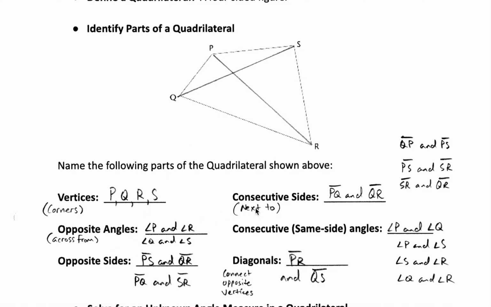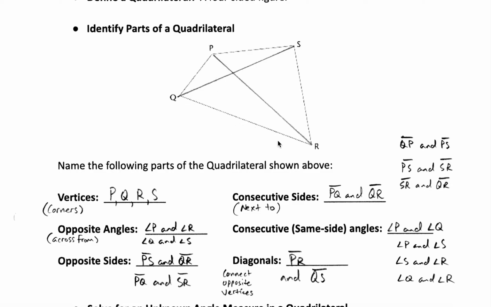Next, we've got consecutive parts. Consecutive means next to in order. So if you were to walk around this shape, what side would come next? It really depends on what side you start with. This is not going to be the only order we could do, but just for an example, if we start with side PQ and we go counterclockwise, then the next consecutive side would be QR.